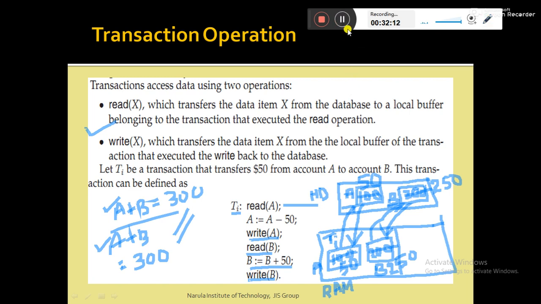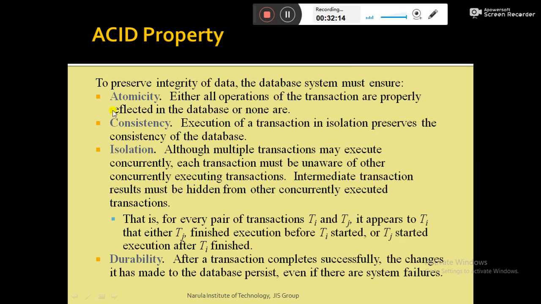Next, go to the next slide again. The next property is the atomicity property. Atomicity property means either all the operations of a transaction are properly reflected in the database or none. We know a database transaction consists of multiple operations.